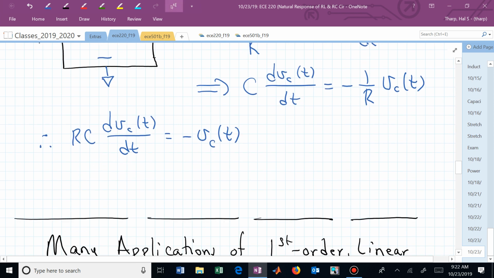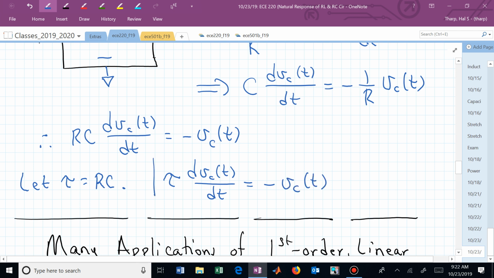And again, if we let tau be RC, now we can write this as tau dV sub C dt is equal to minus V sub C of t. And we have another equation that structurally looks exactly like what we just had for the inductor.